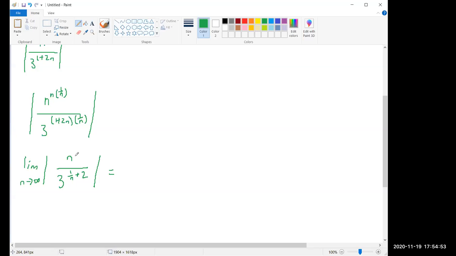The denominator becomes 3 to the, well, the 1 over n goes to 0, so it's 3 to the second. So yeah, that's infinity. Okay. What's our conclusion here? Remember that this test has the same conclusion as the ratio test. So if you remember the ratio test, yeah, this is divergent. Okay. All right.